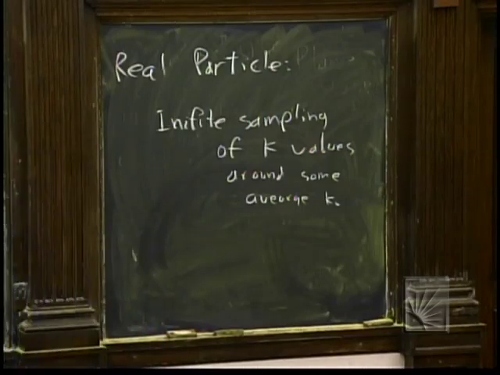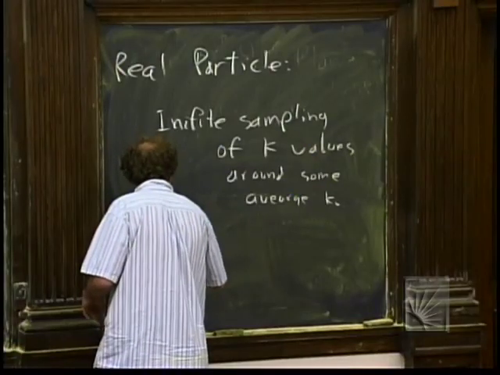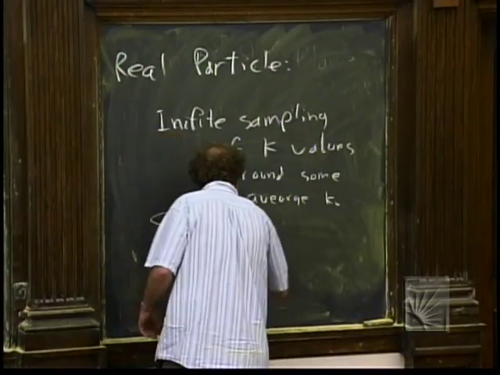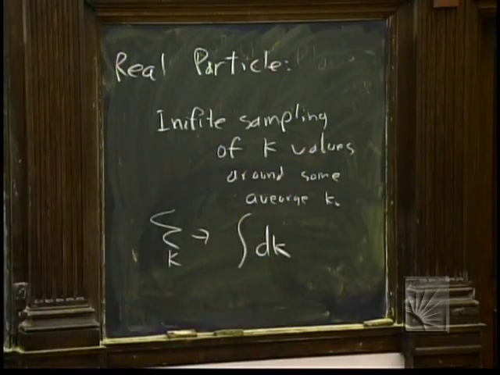Okay? There's some value of k which I put in units of simply 1 here. And then there's a whole band of k values. And instead of doing a sum on k values, I turn this into an integral, mathematically. That will take these sort of ghost packets and move them mathematically off to infinity. So that's how I'm going to represent a real particle.